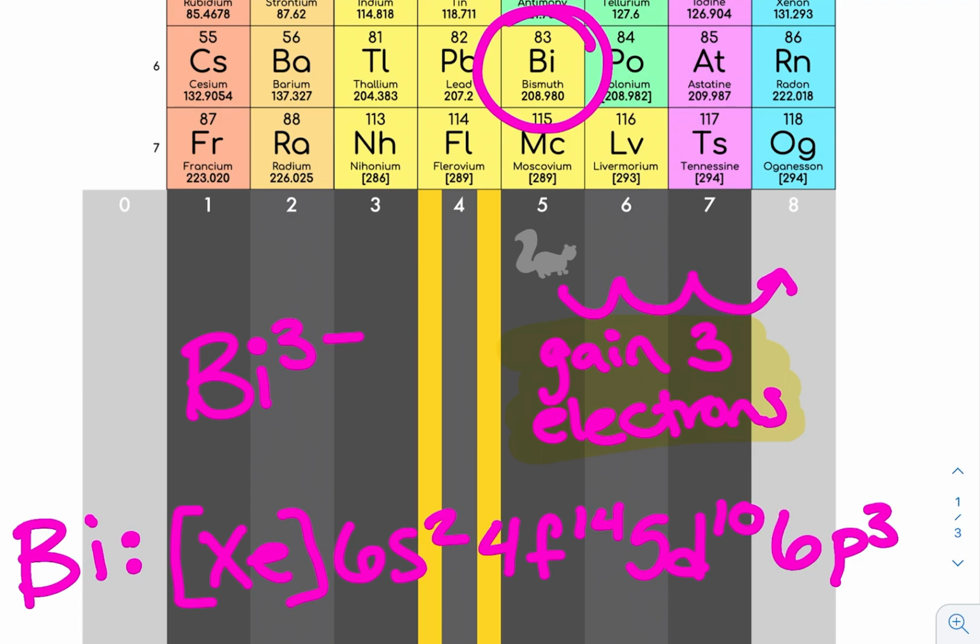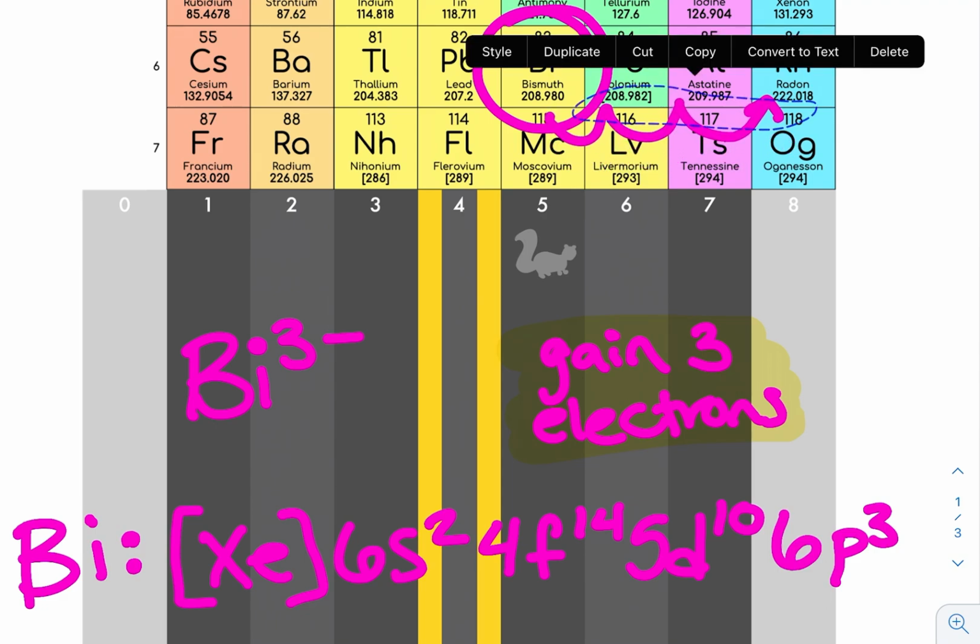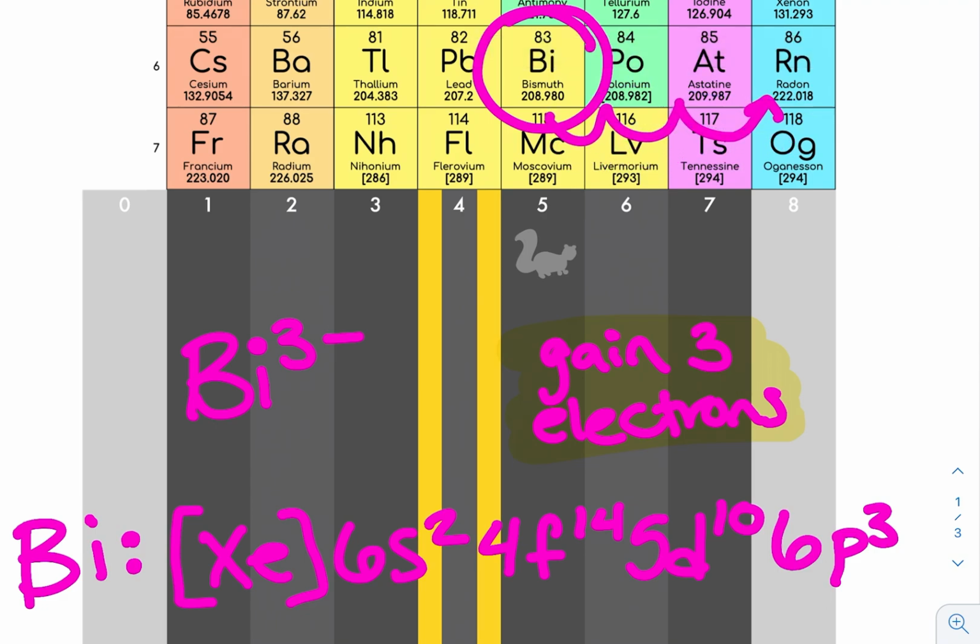I want to use the same information that we got from our logical squirrel and move it up to our periodic table here. That logical squirrel moved over to the right 3 times, and that represents gaining 3 electrons. That's exactly what's happening on this periodic table.